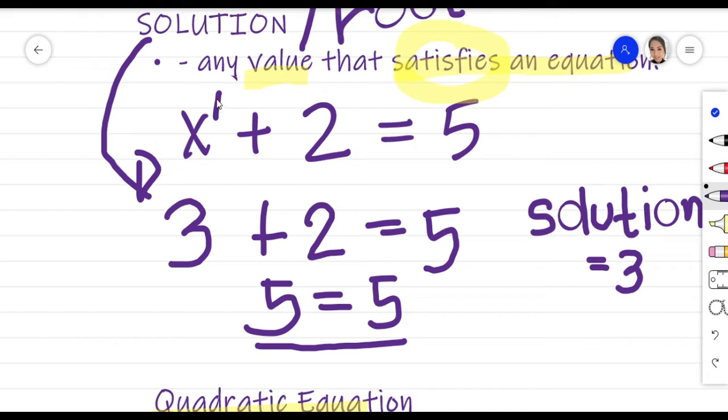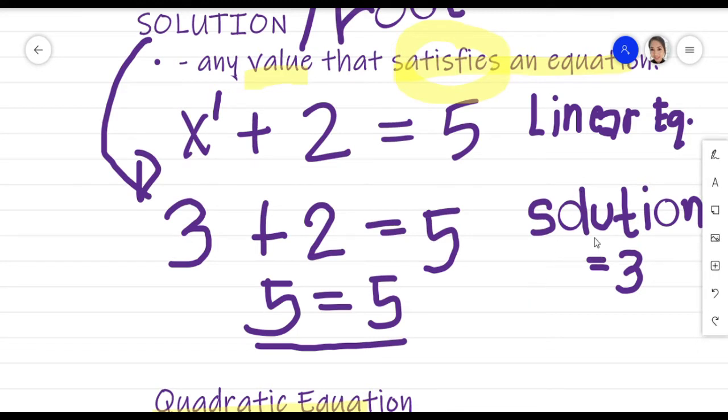Since the highest exponent of the variable x here is 1, this equation is what we call a linear equation. And it has one solution, which is 3.